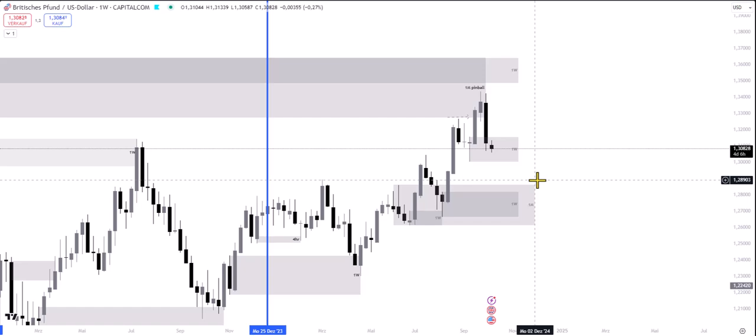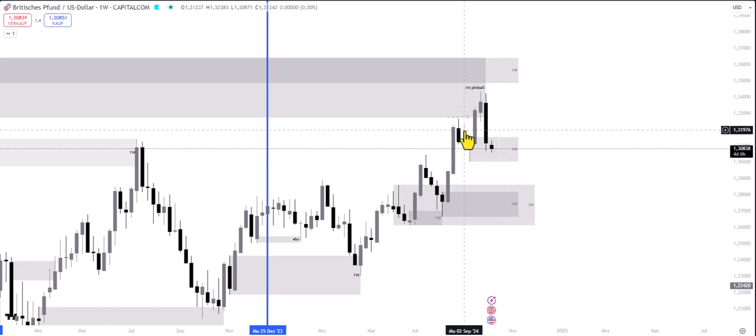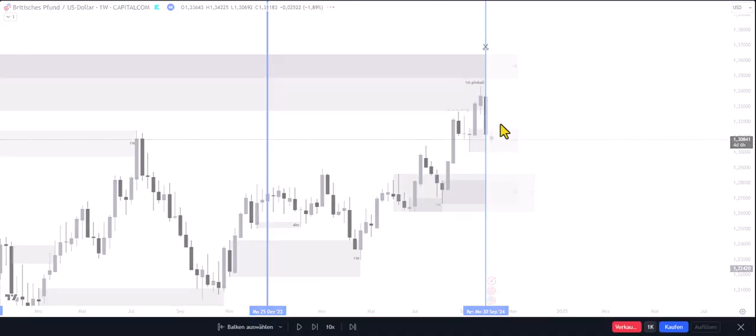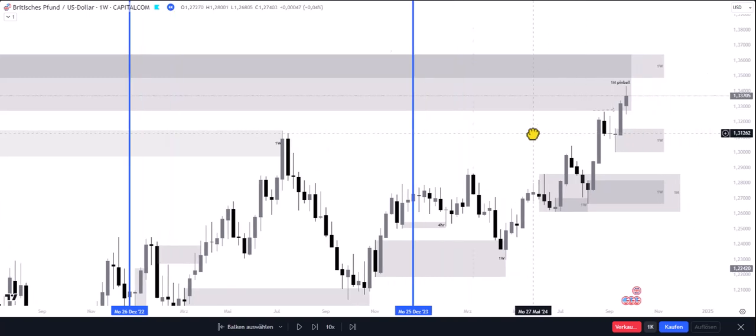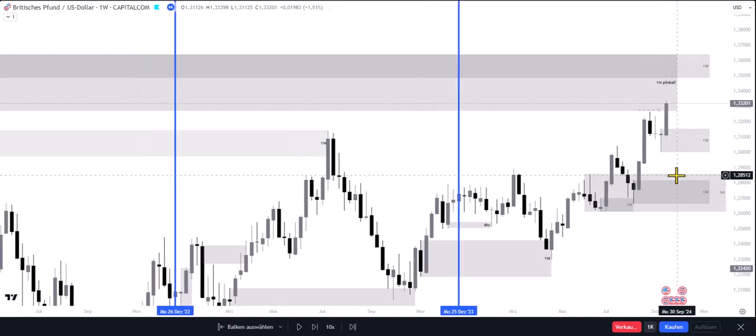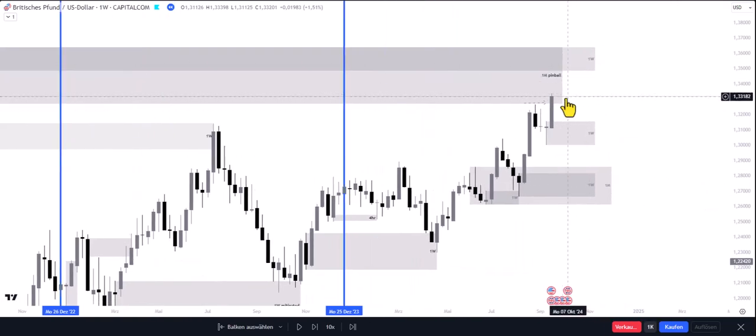Personally, if you're expecting price to come here, presently we saw a reaction here. Let me do something like this. If we're expecting price to come into this weekly zone, but what did price do?